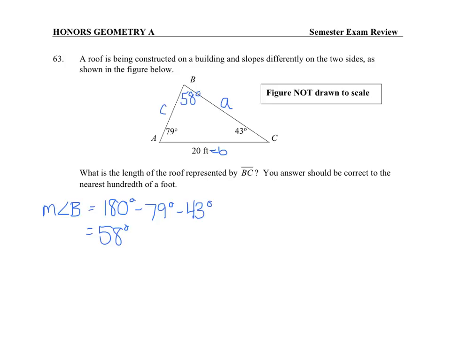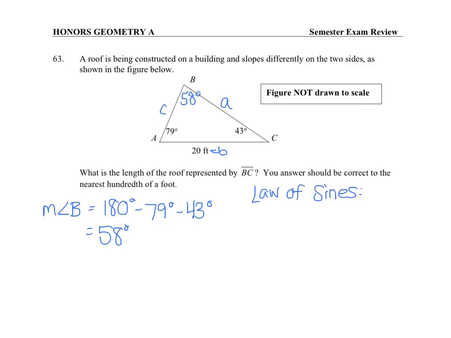Since we know all of our angles and we just want to find one of our missing sides, we're going to use the law of sines, which is also given on the formula sheet. Law of sines is we can take the sine of an angle over its corresponding side, and that will be equal to the sine of another angle over its corresponding side.